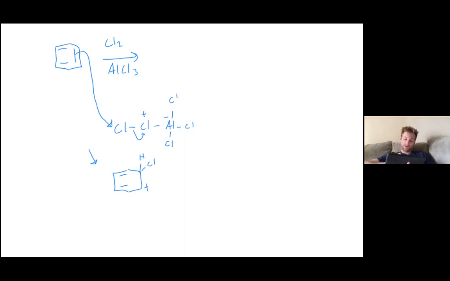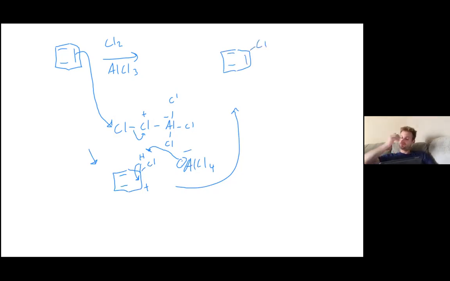AlCl4, which is what we just made, is a Lewis base. So we can pick up this last proton to give us a chlorination product.